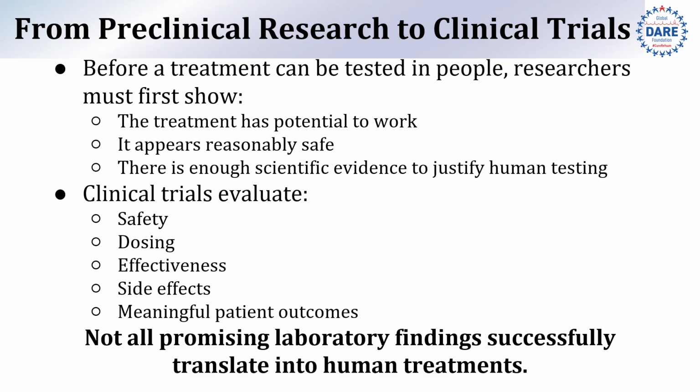Then these clinical trials and clinical research help answer key questions such as the safest dose, possible side effects, whether the treatment is actually effective, and most importantly, whether it leads to meaningful improvement for patients. It's really important to remember that not every treatment that looks promising in the lab or in animal models or other disease models will succeed in human studies.